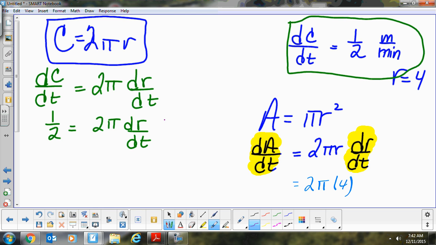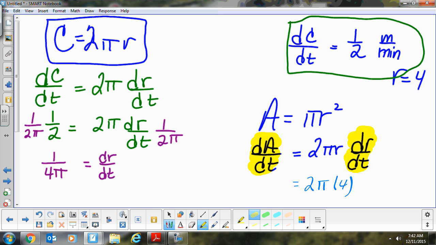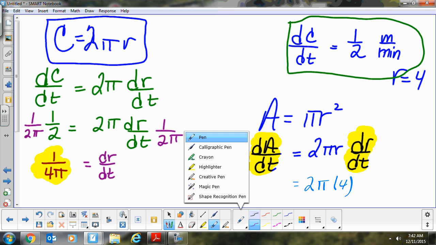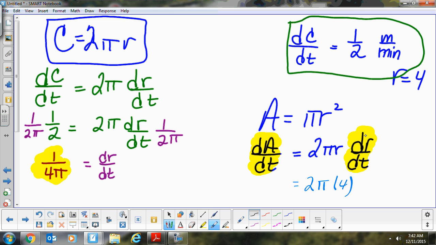Divide or multiply by the what? Reciprocal. Where is the pi in the dr over dt? It's in the where? Denominator. So now where am I going to put this 1 over 4 pi? We're going to put it right there.